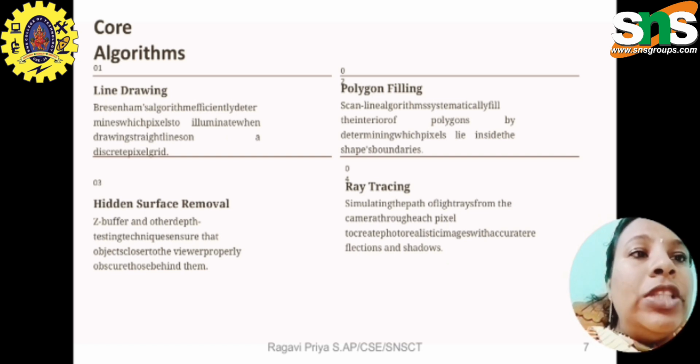The scan line algorithm systematically fills the interior of polygons by determining which pixels lie inside the shape's boundaries. Hidden surface removal: Z-buffer and other depth testing techniques ensure that objects closer to the viewer properly obscure those behind them. Ray tracing: simulating the path of light rays from the camera through each pixel to create photorealistic images with accurate reflections and shadows.